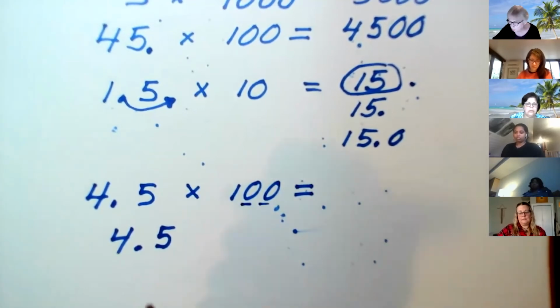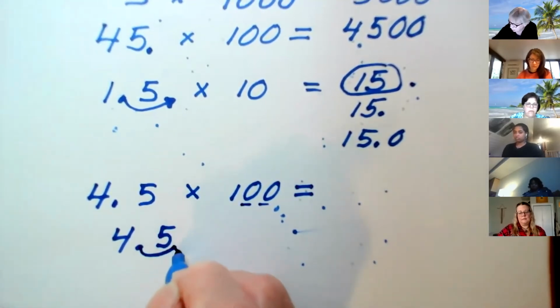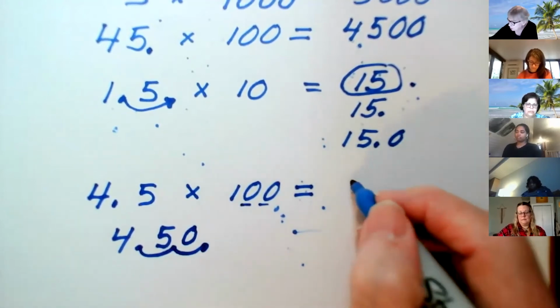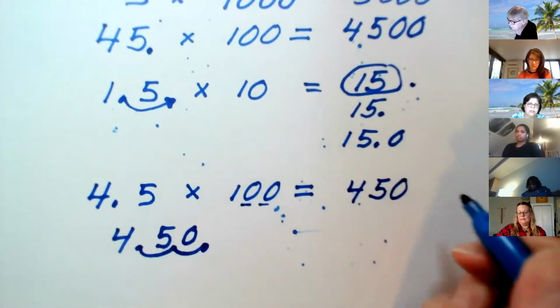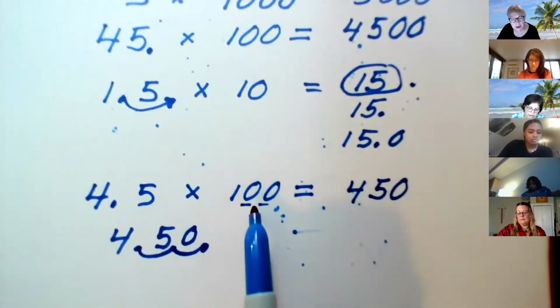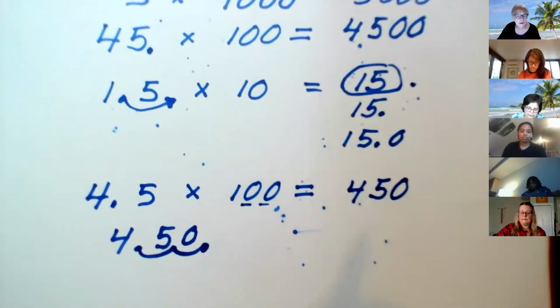So you're going to go to the right. So I'm going to have to go 1, 2, and I'm going to have to add a 0. So that's 450. So 1 to get around the 5 and another 1 because it's 100. And so it's 450. Isn't this much easier?